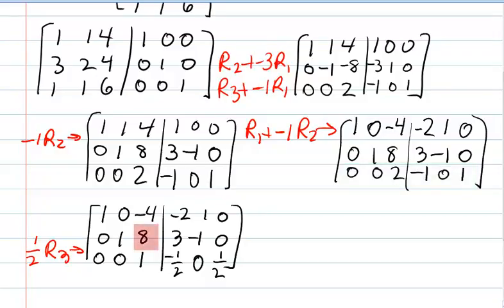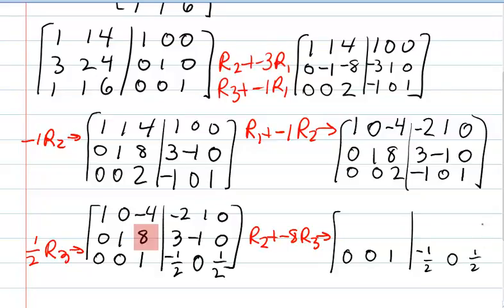In that third column I have to now make that 8 a 0. So I'm going to take row 2 plus negative 8 times row 3. Okay, going across the row 3 and multiplying by negative 8. 0 plus 0, 0 plus 1, negative 8 and positive 8 gives me the 0.